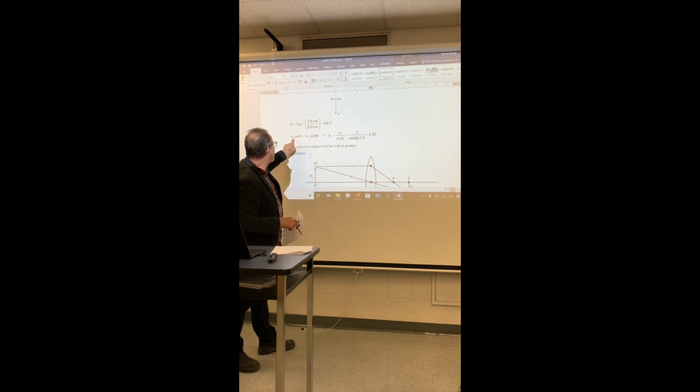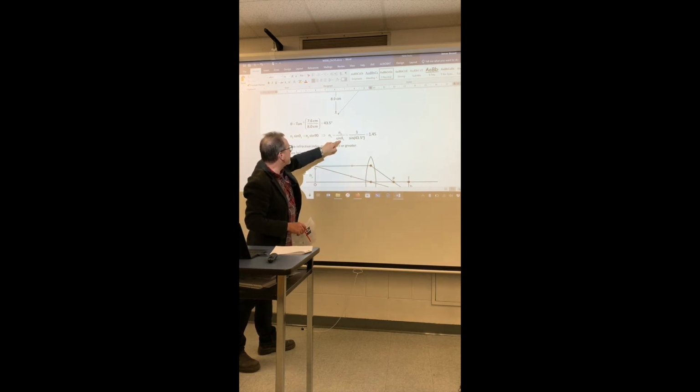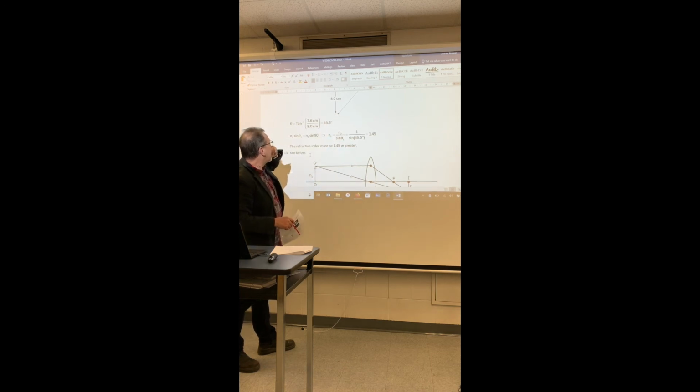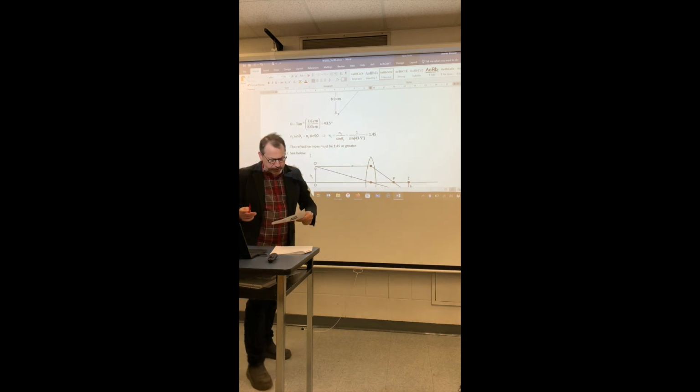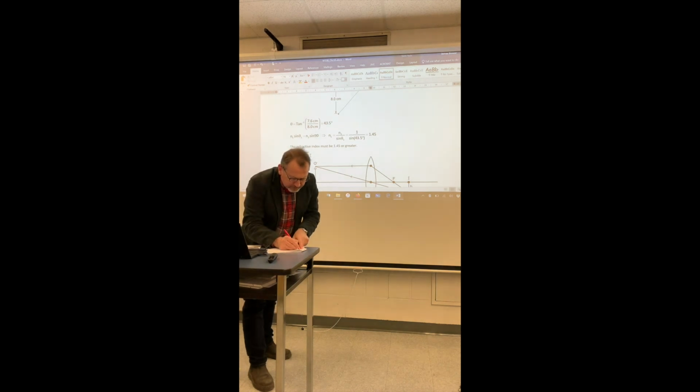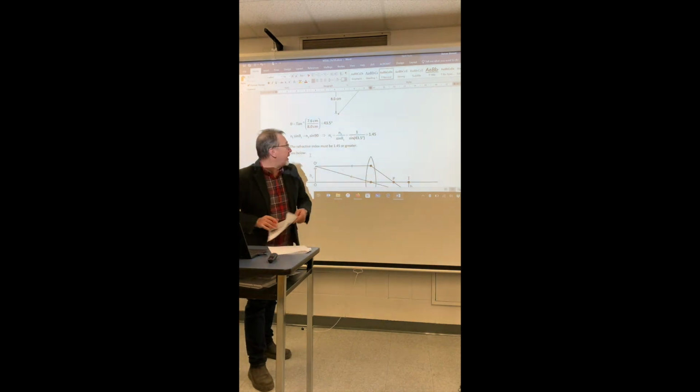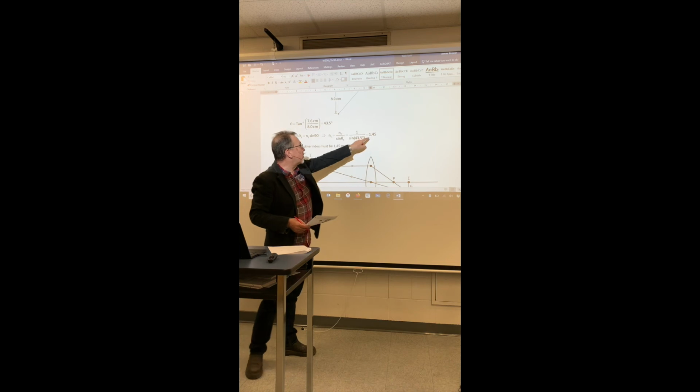n1 then, what would I need for n1? Well, n1 is n2 over sine theta 1. Theta 1 I've worked out, it's up here. Let's put theta 1 on the solutions. And then I can just solve, so 1.45.